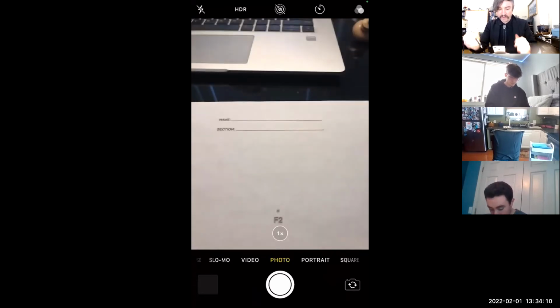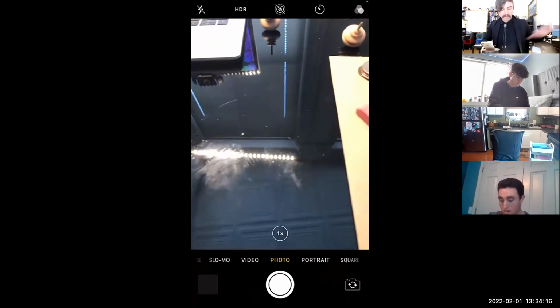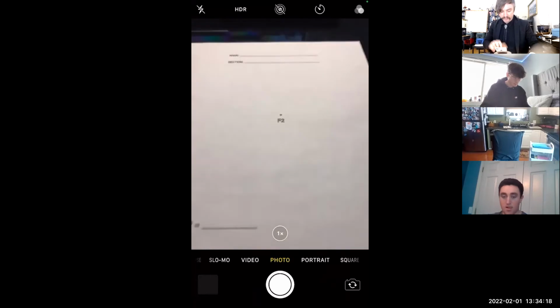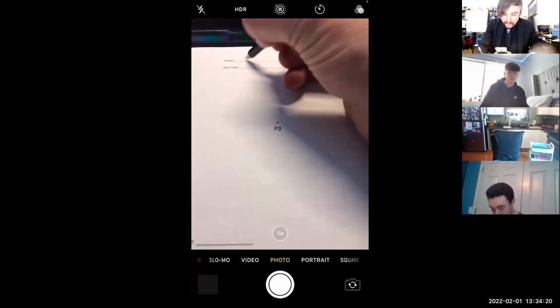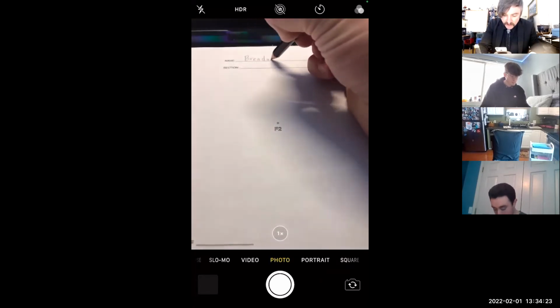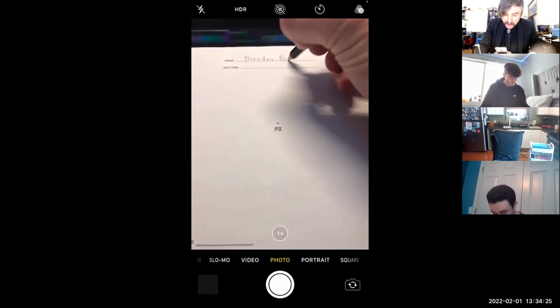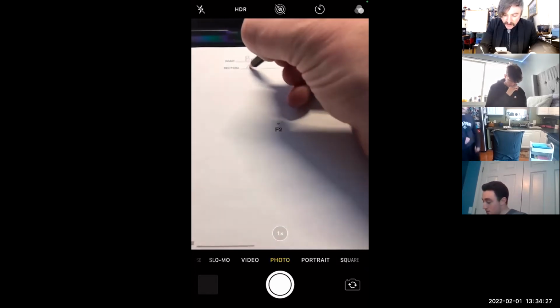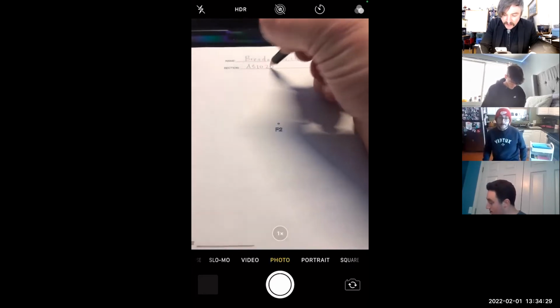As always, our first step should be to print our name. Hold on a second here. I don't like writing on the cardboard. Let's print our name. And let's write AS1020.